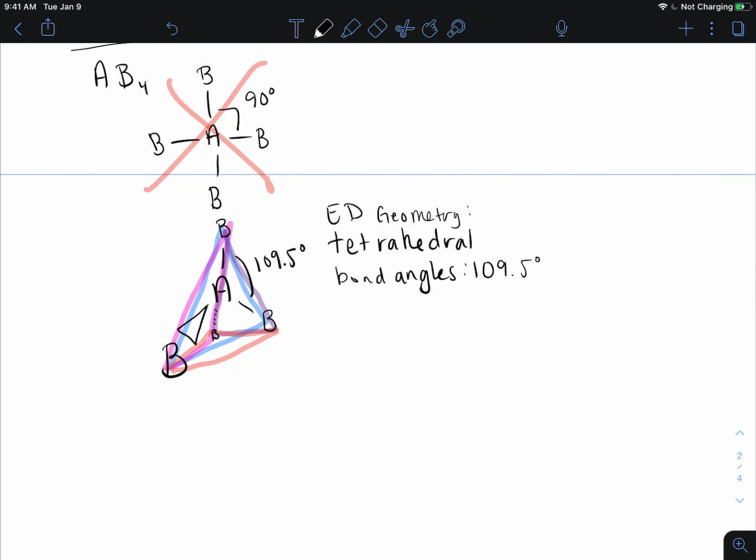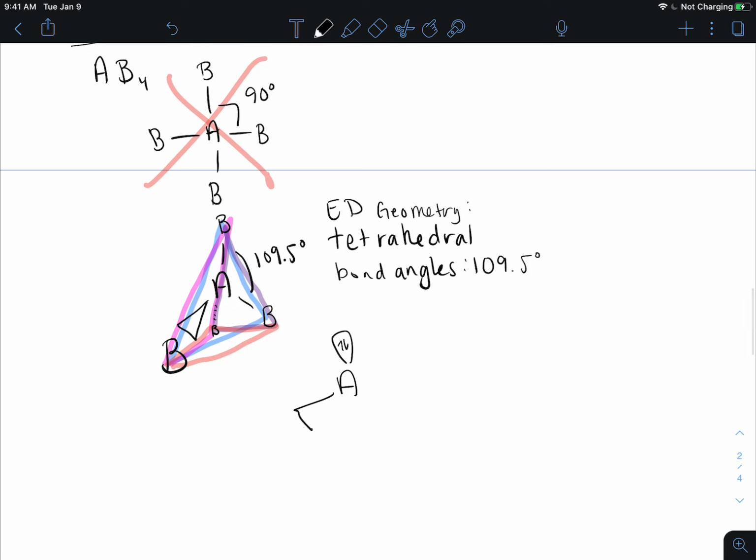Okay, and we can draw this where the atoms are replaced by lone pairs, like so.